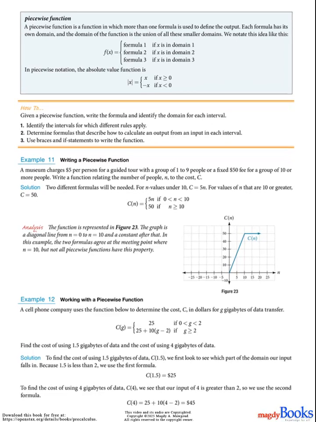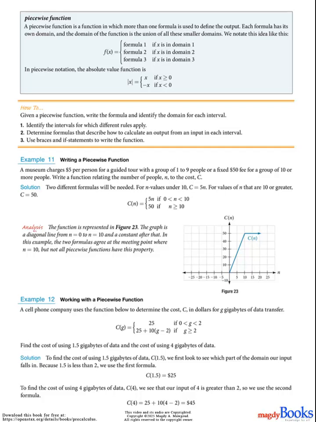A piecewise function. A piecewise function is a function in which more than one formula is used to define the output. Each formula has its own domain, and the domain of the function is the union of all these smaller domains.